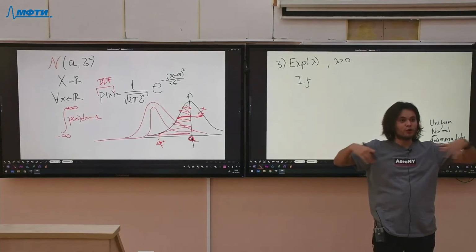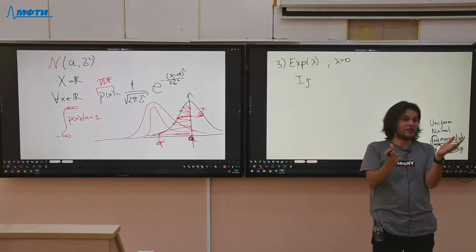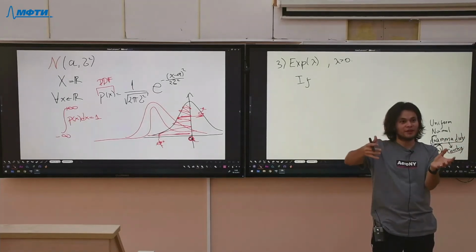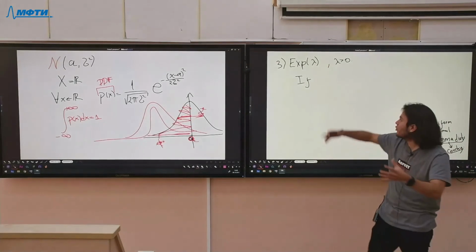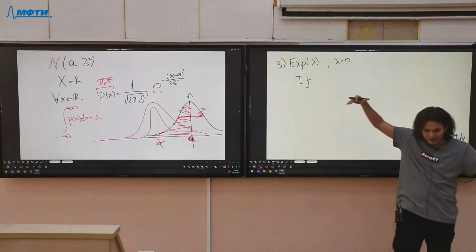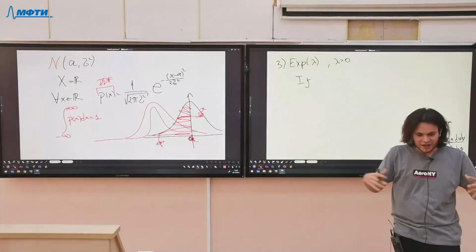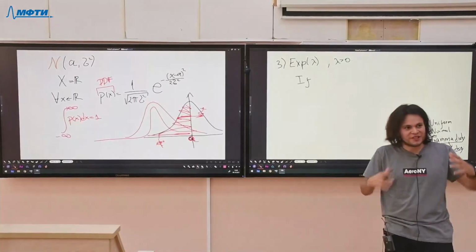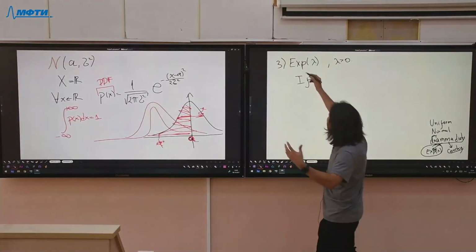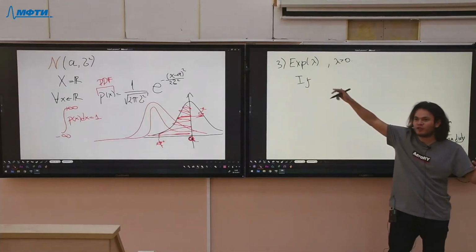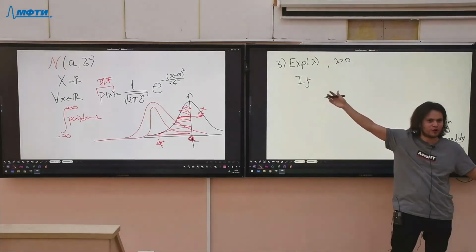If you want to solve this, the random variable is the time that you have to wait. This distribution gives us the description of the time. That is why this random variable is always greater than 0, since we're talking about time.